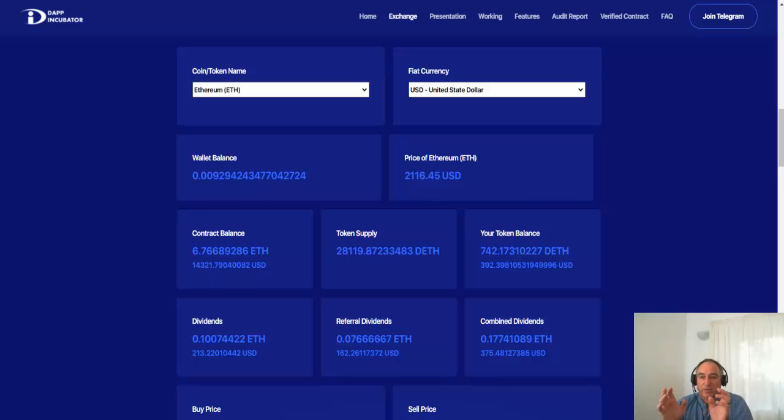You can speculate with DETH tokens within the smart contract in exactly the same way that you would speculate on an exchange with the price of any token or coin, and in the same way you can speculate on any exchange where you would buy and sell shares in a company.